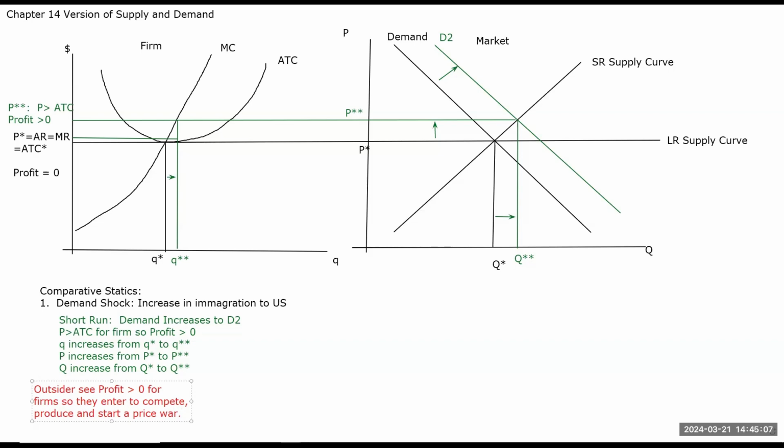And this is shown by the short run supply curve increasing from SRS1 to SRS2. So let me draw that. SRS2. There it is.